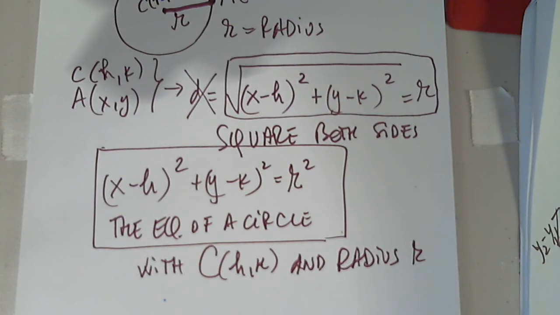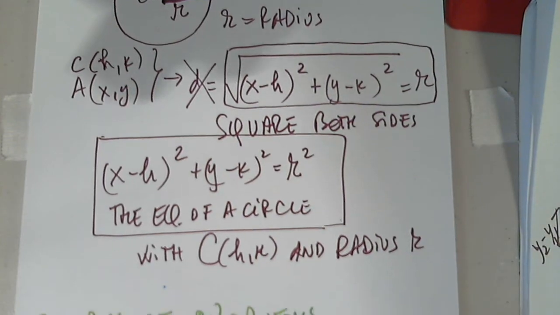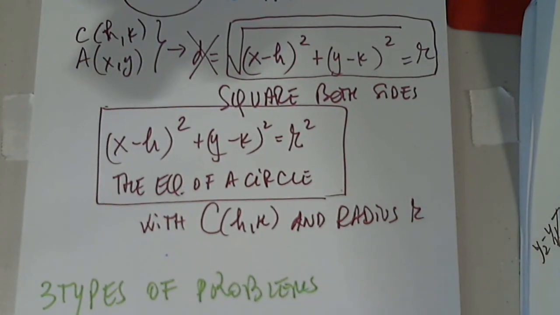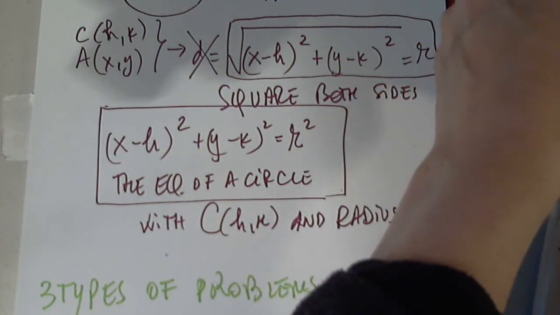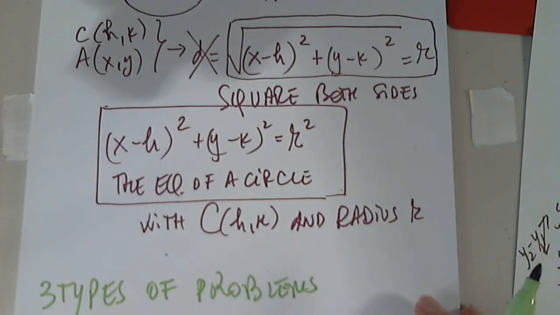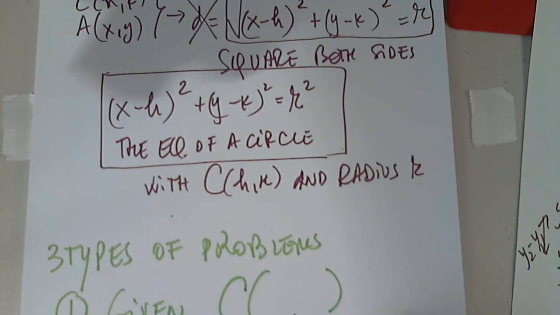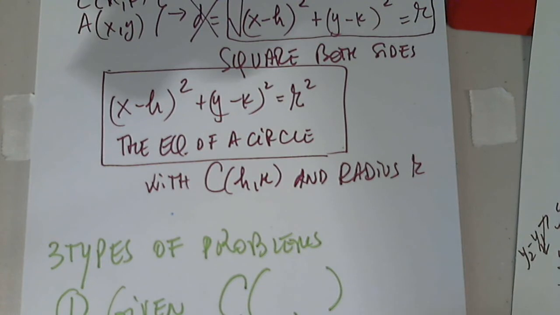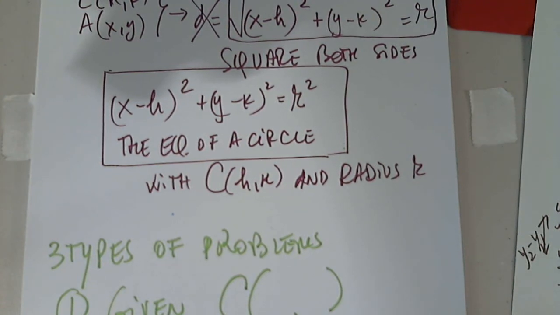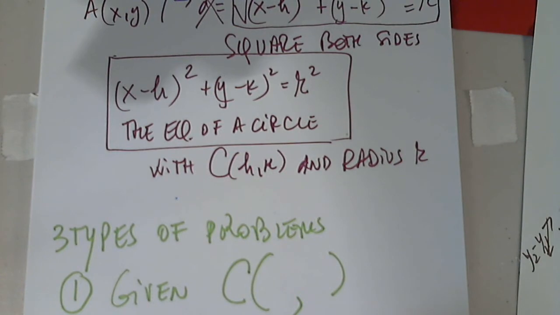In this section, we have three types of problems. Here's the first type. The first two I can make up on the spot, but the third one we have to pick from the book. So the first type is: given the center and a radius, find the equation of the circle.